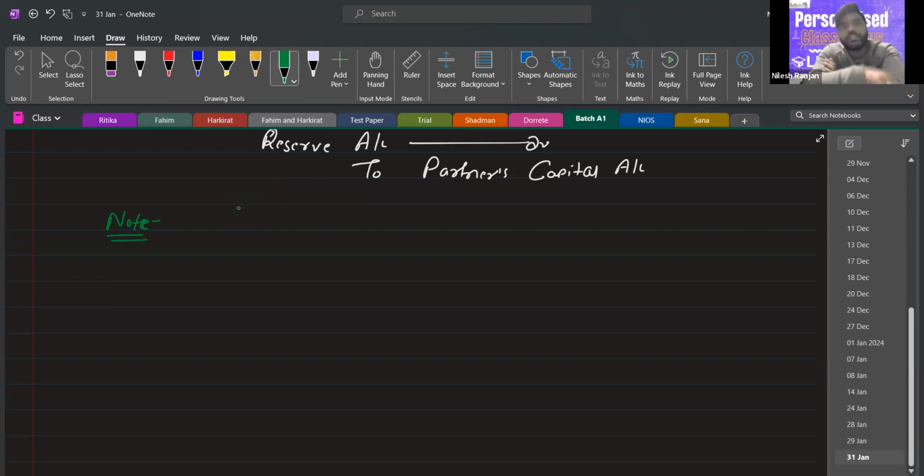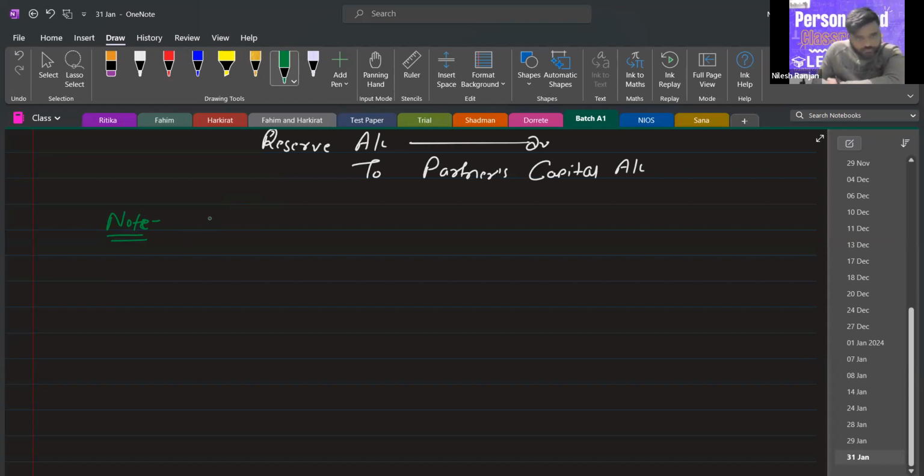Any goodwill given in the balance sheet is written off in partners capital account in a reconstitution. But now we are closing our business, so we try to sell all our assets, also goodwill, and if it is sold, then good. Otherwise, it will be automatically written off. That's why we transfer it to a realization account.